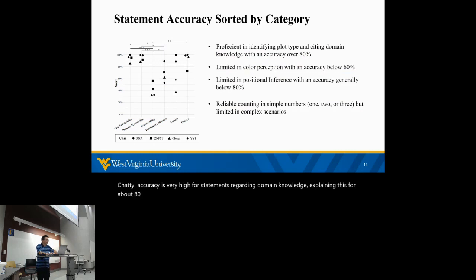But when you look at statements that involve color, accuracy is about 60%. It also shows some limitations in positional inference and in counting, in complicated scenarios.